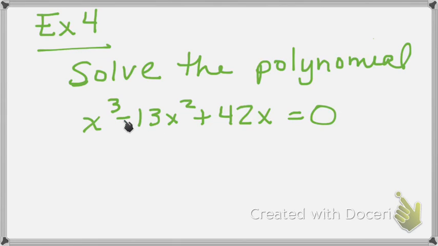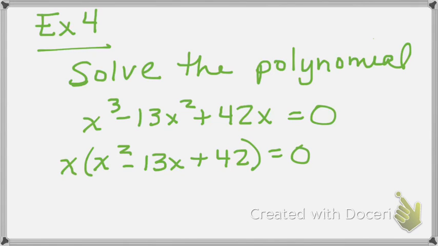Okay, so, all right, let's solve this polynomial. How can I solve that? How many answers should it have? Three, because there's a third power. Factor it, so I could common factor first, common factor an x out. So now I have that. So how can I factor this trinomial? x minus 7, x minus 6?